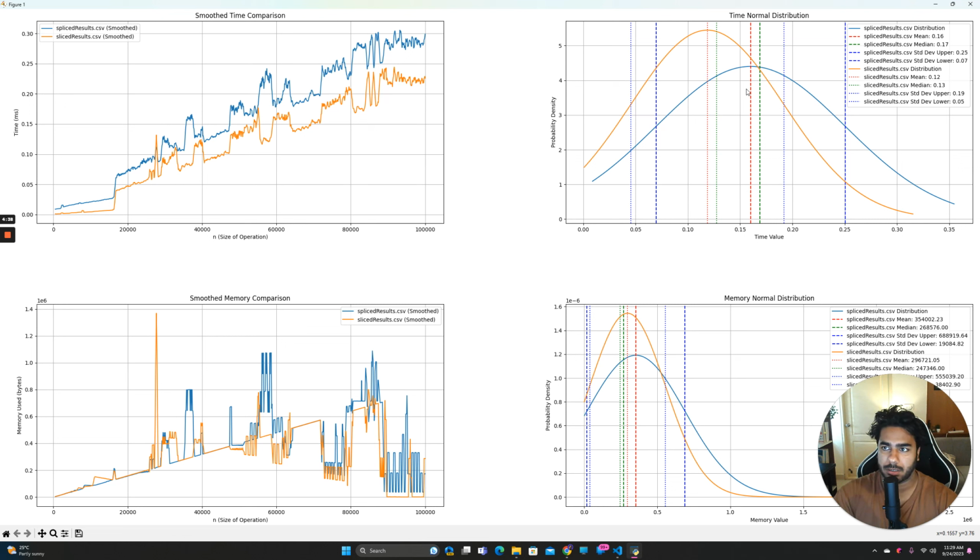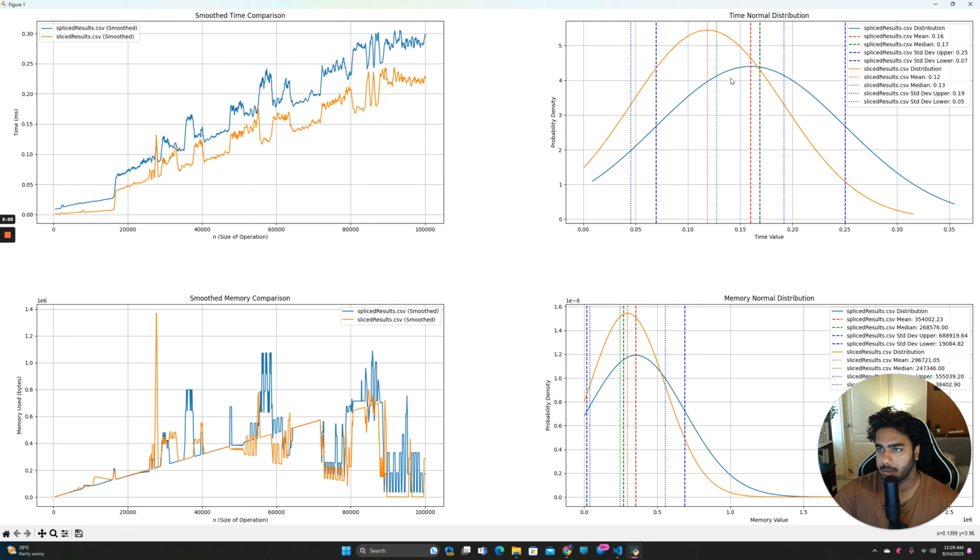What we can see is the median and mean are not that far apart. That somewhat signifies that the data is evenly distributed, because those are close to each other. So we can expect an even distribution, which is the case here, because as you can see, it's a nice normal distribution.